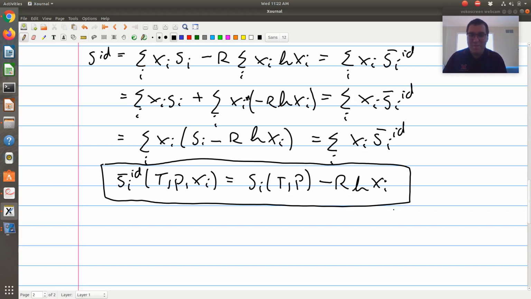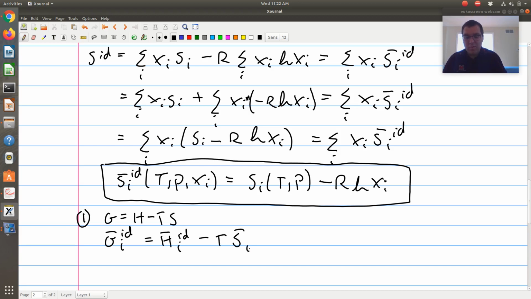Cool. And so when it comes to G, we can get it a couple of different ways. Let's do option number 1. Way 1 would be, remember, G is defined as H minus TS. So partial molar Gi in an ideal solution is partial molar Hi in an ideal solution minus T partial molar S in an ideal solution.